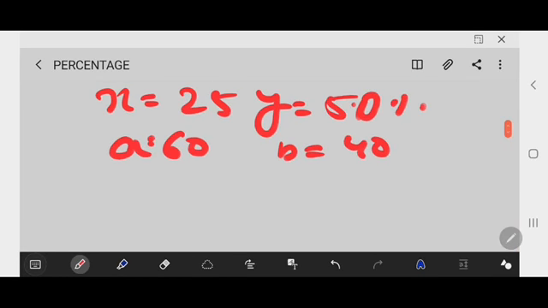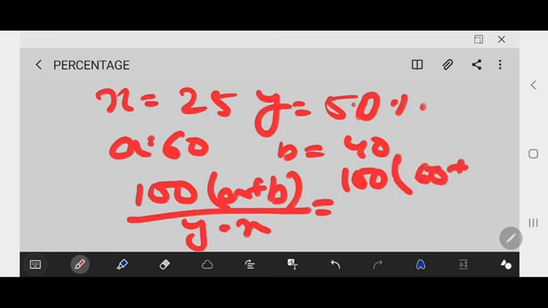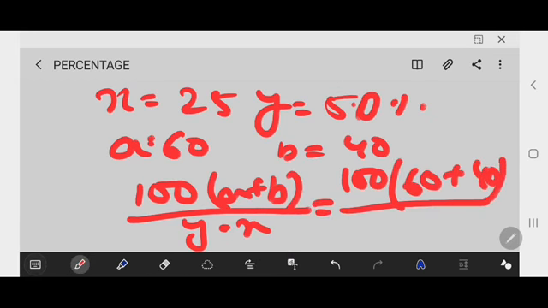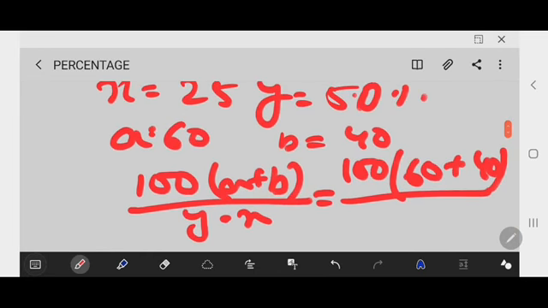So according to the formula, 100 into A plus B by Y minus X. Okay, so we'll put in the values. Here A is 60 plus 40, and Y minus X: Y is 50 and X is 25.